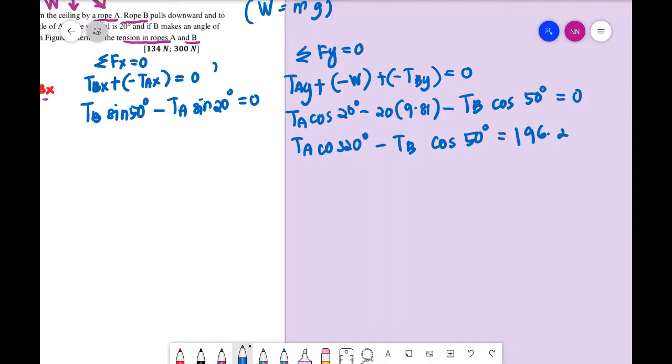Maybe we can let TB be the subject from equation 1.